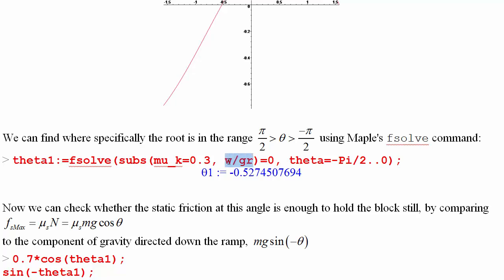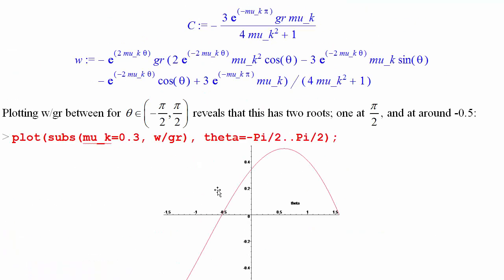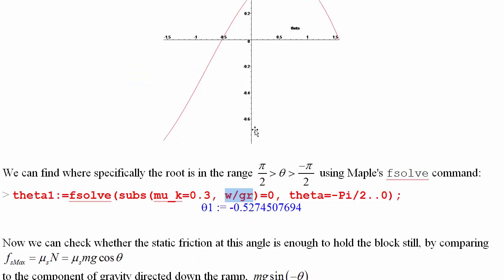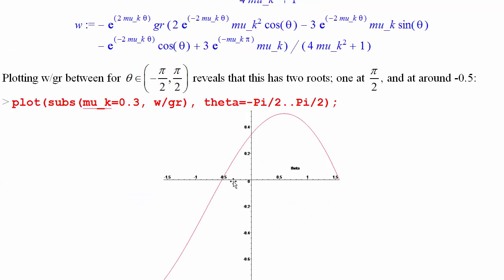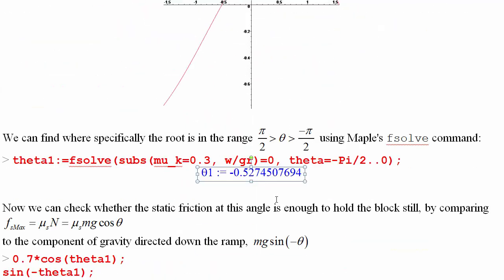We have to get rid of the gr, or Maple's going to be a little bit confused about what that is. Maybe if we say that it's equal to 0, then it's not going to worry about it, but it's best to clear off those constants that we haven't told Maple what they are. So theta 1 is this. Okay, makes sense, a little bit farther to the left than negative 0.5.